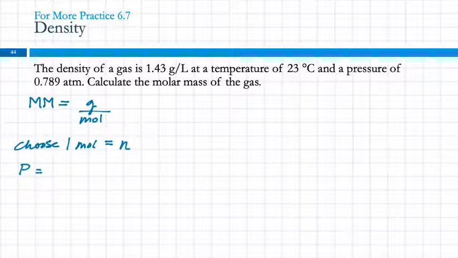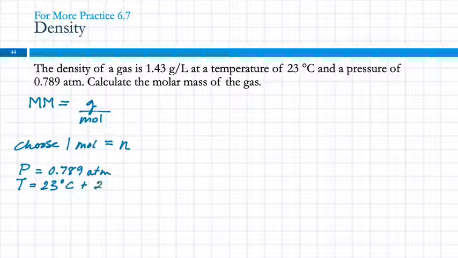What's P? Pressure? 0.789 atmospheres. And the temperature is 23 degrees Celsius, but we have to convert that to Kelvin. 273 plus 23 is 296 Kelvin. So I have n and P and T, and I know what R is, so I can calculate the volume of this.